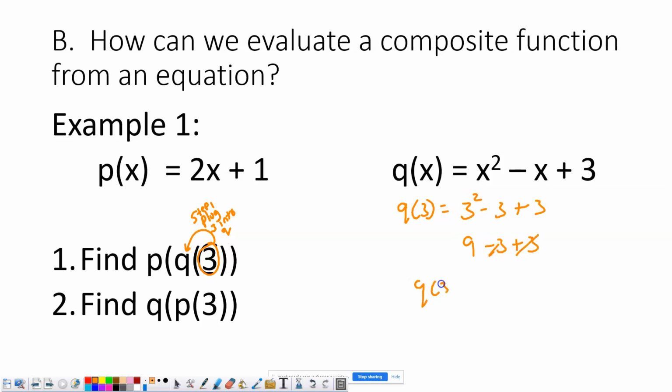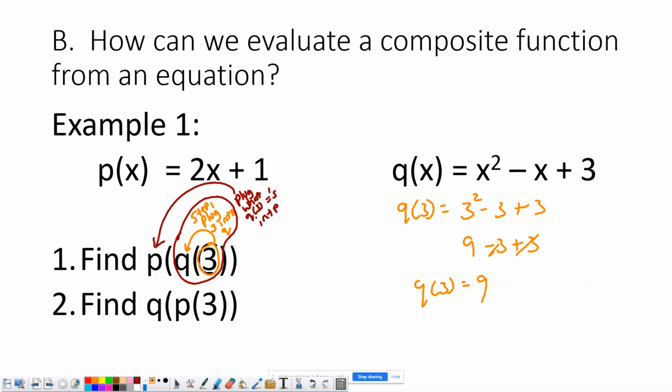So q of 3 is 9. Okay? So now that I know what q of 3 equals, I know q of 3 equals 9. So now I'm going to plug what q of 3 equals into p.